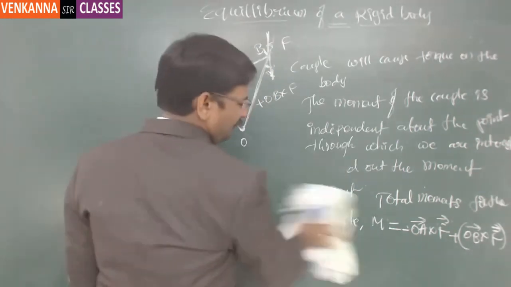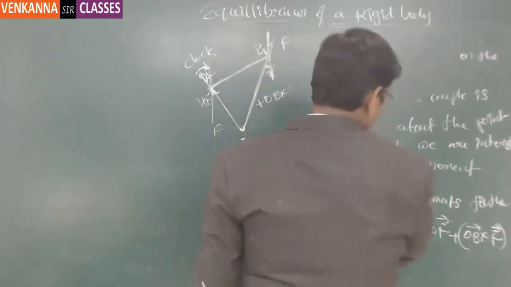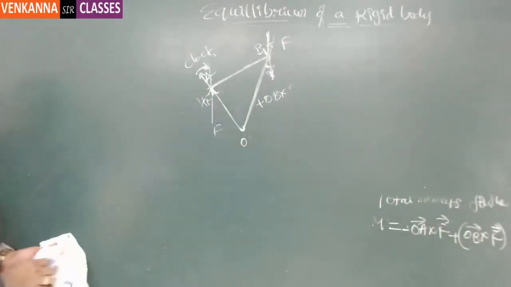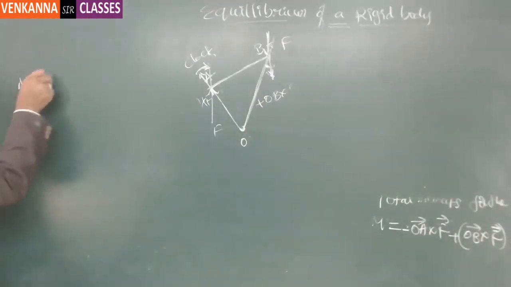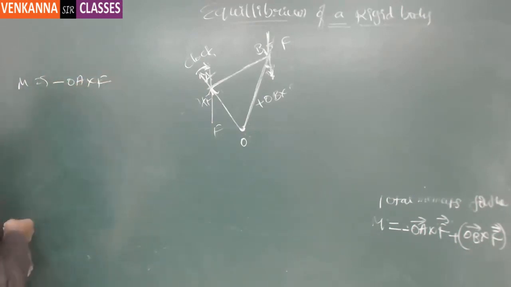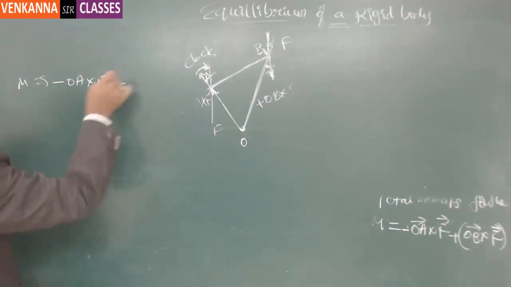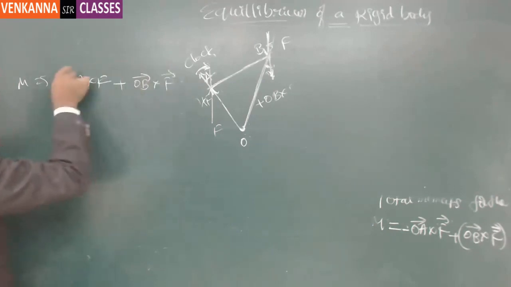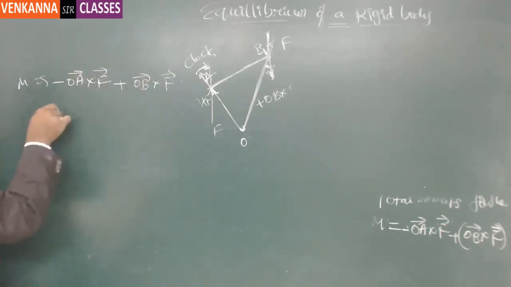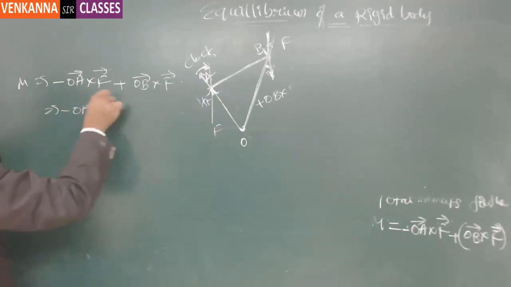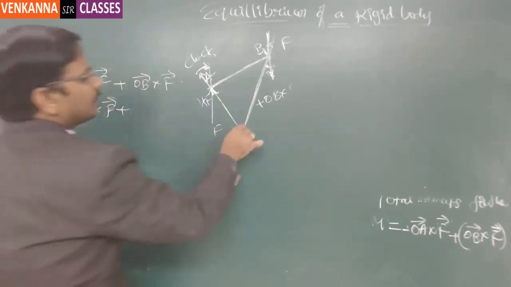Now here, the total moment of this particular problem is, so M is equal to minus OA cross F and then plus OB cross F. OB is nothing but this vector.